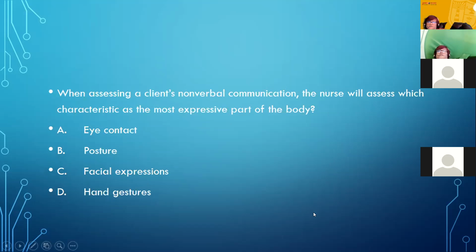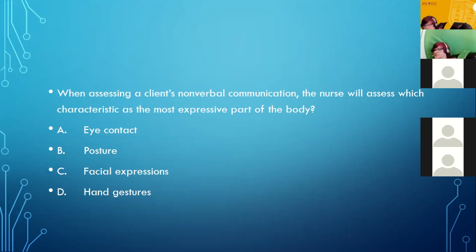When assessing a client's nonverbal communication, the nurse will assess which characteristic as the most expressive part of the body? C, facial expression. Okay, good.